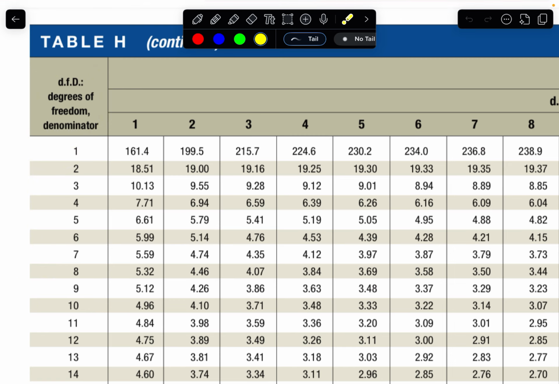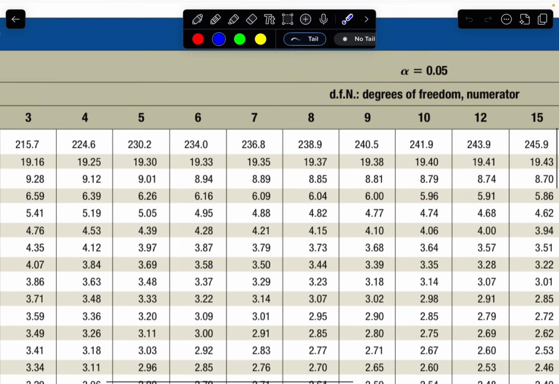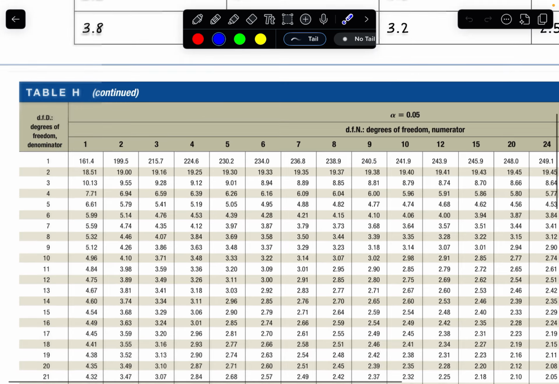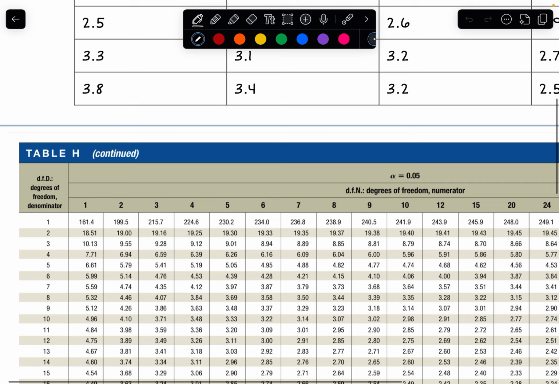The degrees of freedom for the numerator are along the top. So the numerator gives us the column, the denominator gives us the row. We had degrees of freedom for the numerator, which was k minus 1, 4 minus 1 is 3.